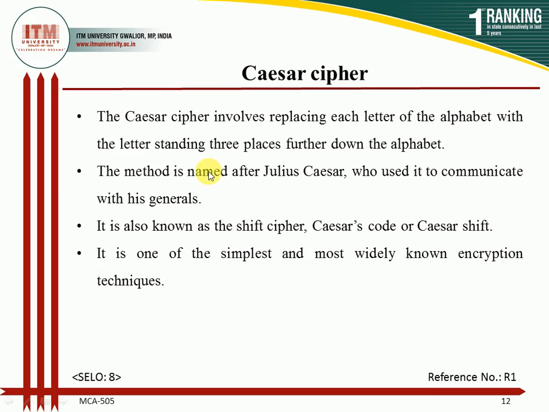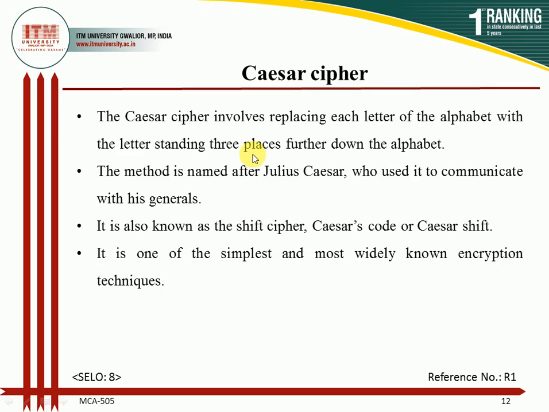It does not always say 3 places, because by default we take the value of k as 3. 3 places means that the value of k is 3. But you can also change the value according to the condition or problem. This method is named after Julius Caesar, who used it to communicate.